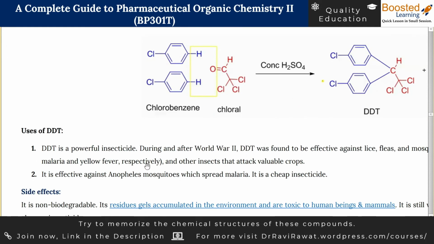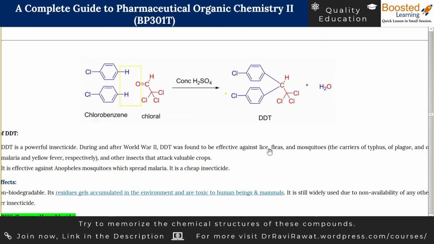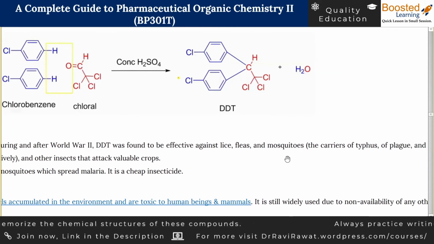I've already told you the use. It was a powerful insecticide that became popular in the late 1950s and in World War II, and after that it was used at a very large scale. It was found to be effective against a lot of insects such as lice, fleas, mosquitoes. So all these things are nothing but insects of one kind.